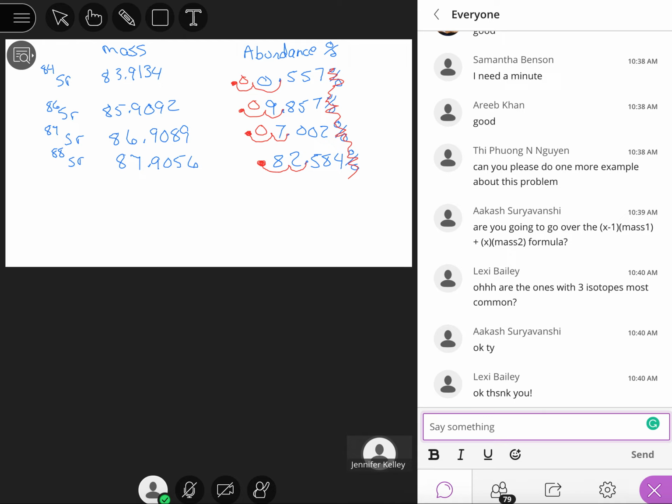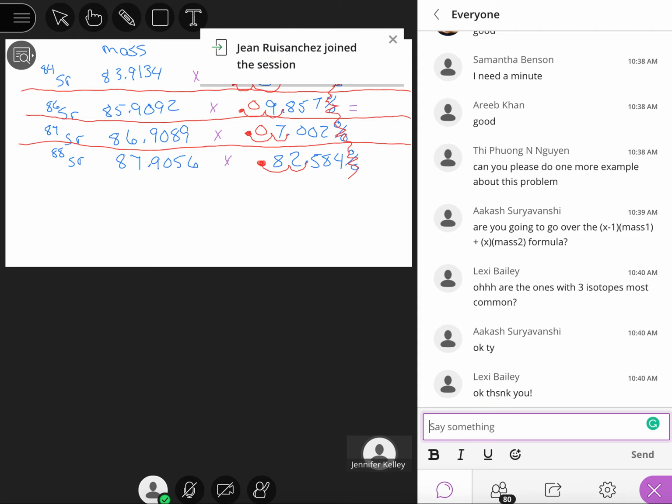I'm going to draw a line to make it where you can see these a little easier. Now I'm going to multiply them together. And in this case, the x actually just means multiply. That's not a variable here. So you're going to multiply those together.